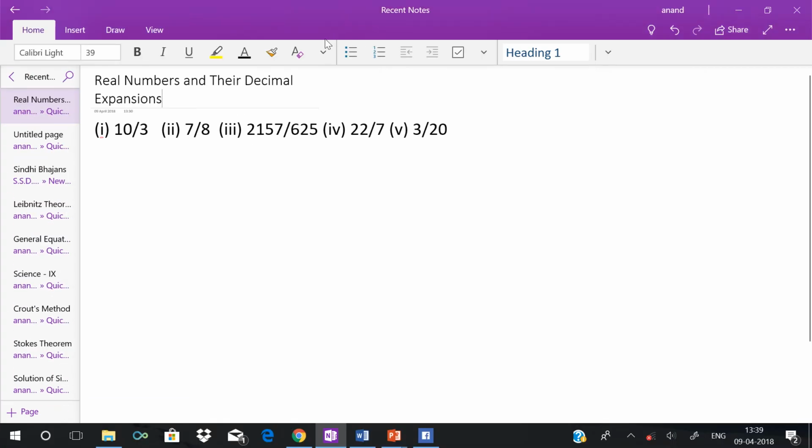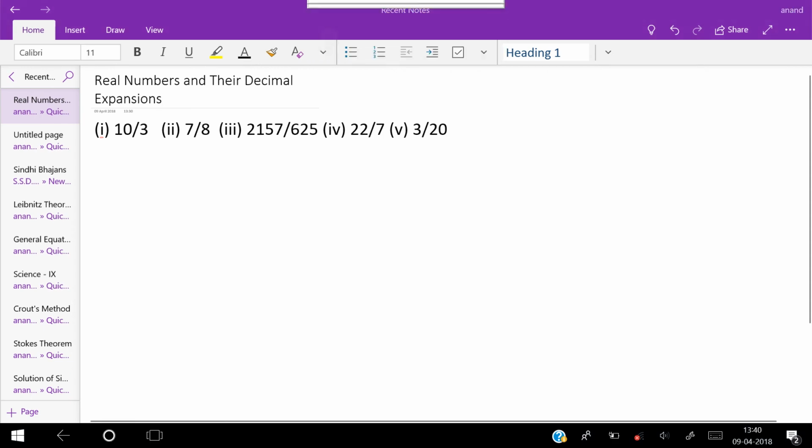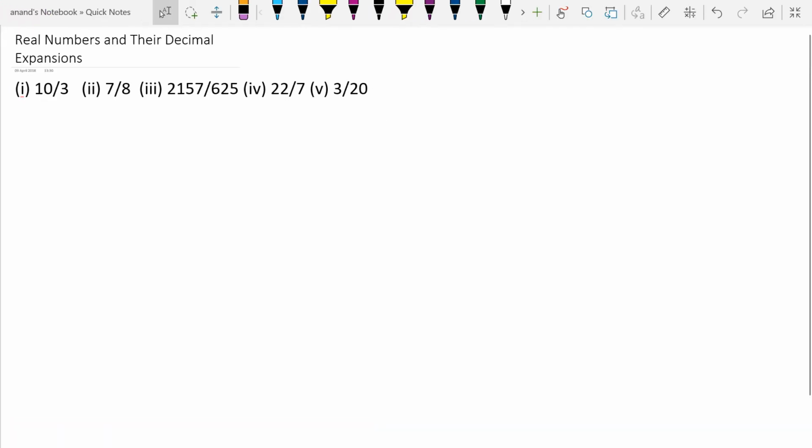The first example is, let us see the decimal expansion by using some examples. The first is 10 by 3. That means we have to divide 10 by 3. So in this problem we can see the division of 10 by 3 as, here we will use decimal, 3 3 are 9, remainder is 1, again there is one remainder, so here we will obtain 3 again and again.